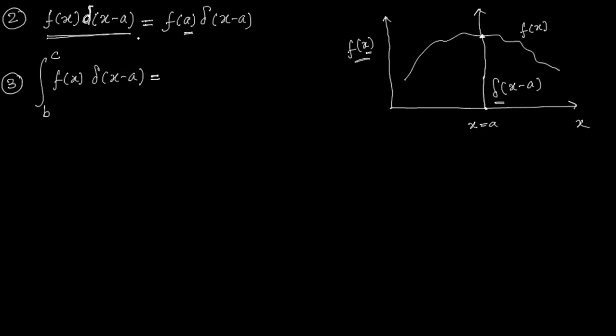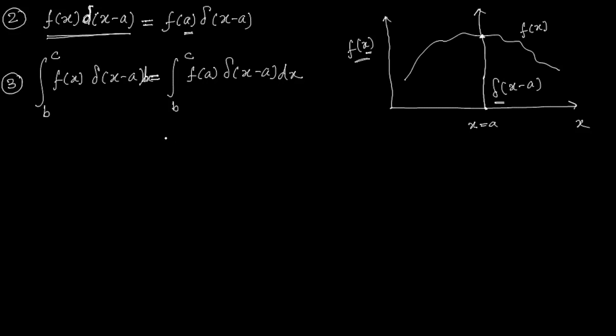According to the second property, if we multiply a function with the Dirac delta function, we get the value of the function at the peak position of the Dirac delta into the Dirac delta function. So if we replace this here, we get the integral of f of a into delta x minus a dx from b to c.